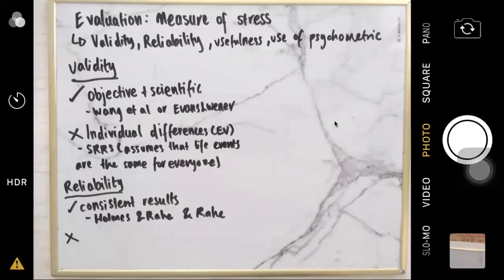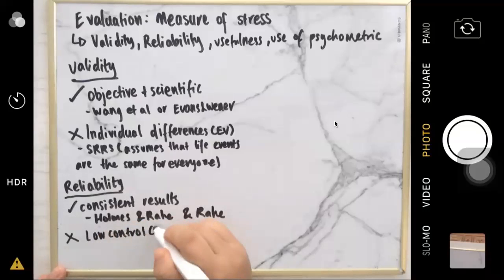Yes, a saliva swab. So let's say there's many things going on. They don't have time, things like that. It's a field experiment. Because of low control, there's extraneous variables, right?